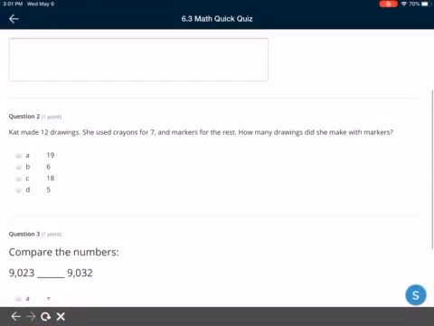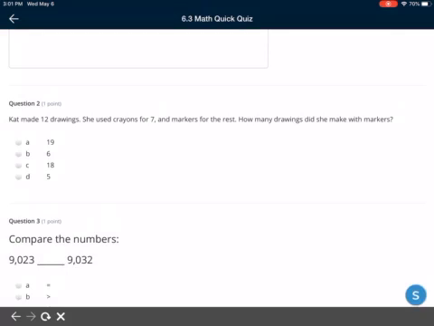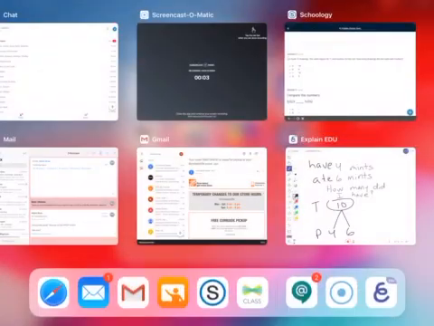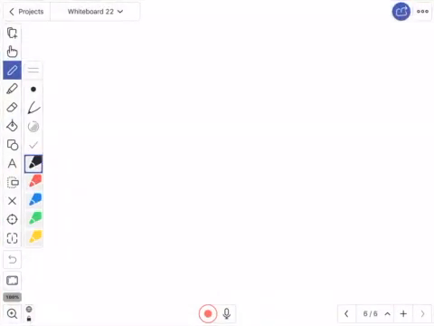So then I want you thinking about number 2. Kat made 12 drawings. She used crayons for 7 and markers for the rest. How many drawings did she make with markers? This one I'm going to use a comparison bar, but I'm going to give you some different things here too.